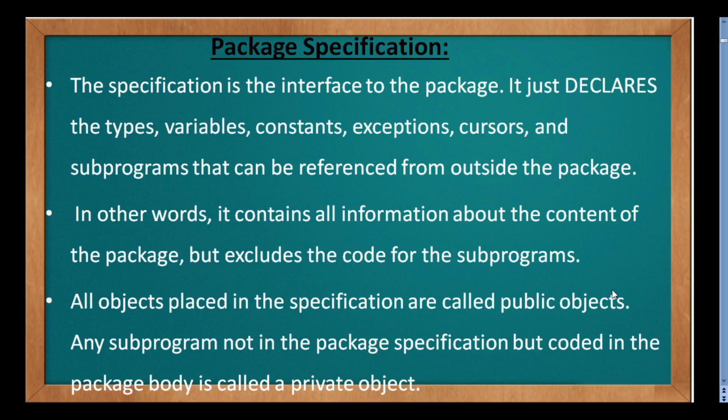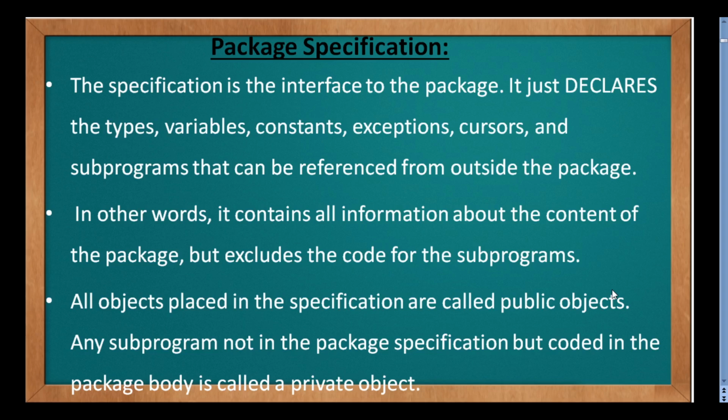Okay, so coming to the first part, the package specification. Package specification is required when you create a package. When you want to create a package, first of all, the main important point is package specification. And the package specification is the interface to the package.